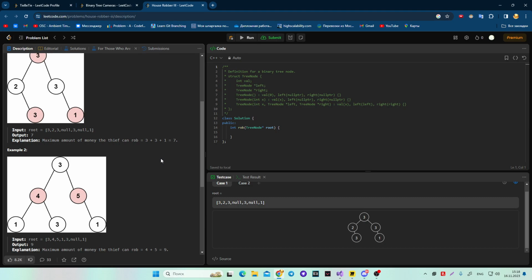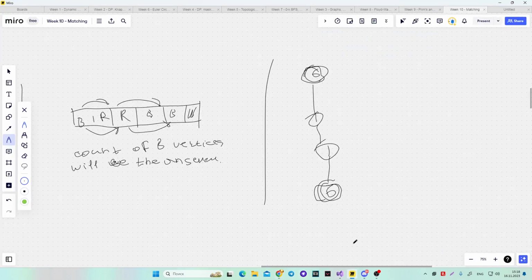Every time we choose, we use not a DP algorithm, we use a greedy algorithm.